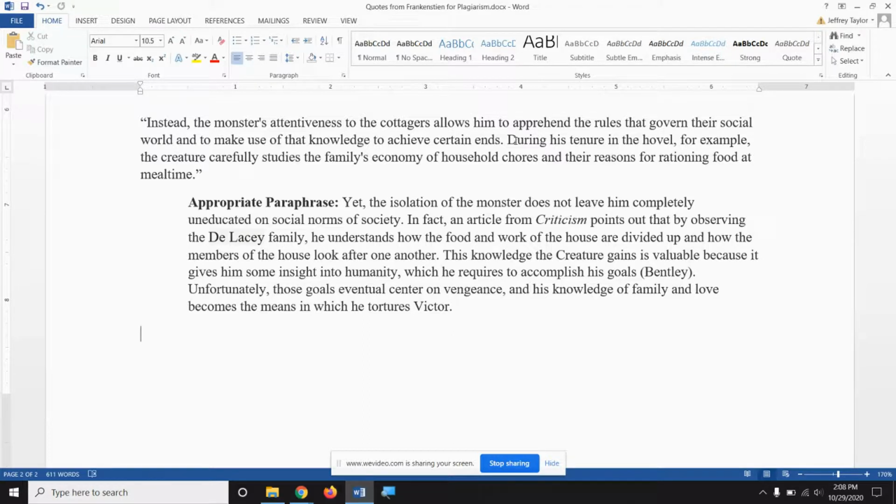And so all we have is this repetition of the exact same structure, but simply a few words have been taken out, a few words have been replaced, and now you have what really would constitute, even with a citation, plagiarism.